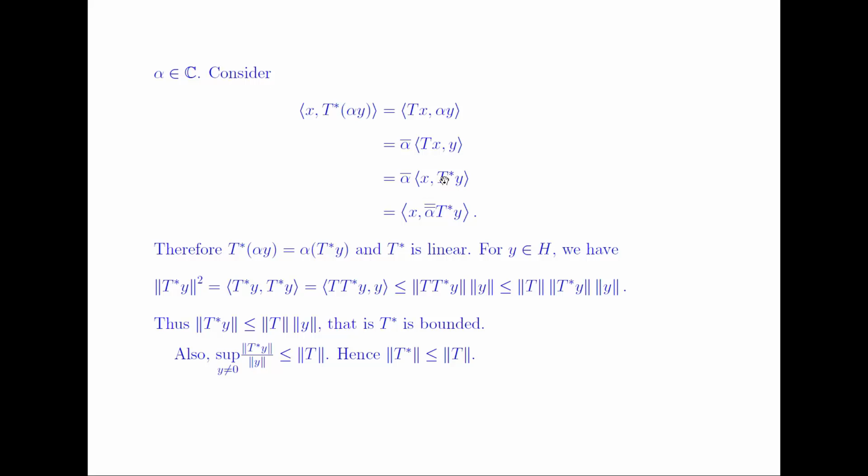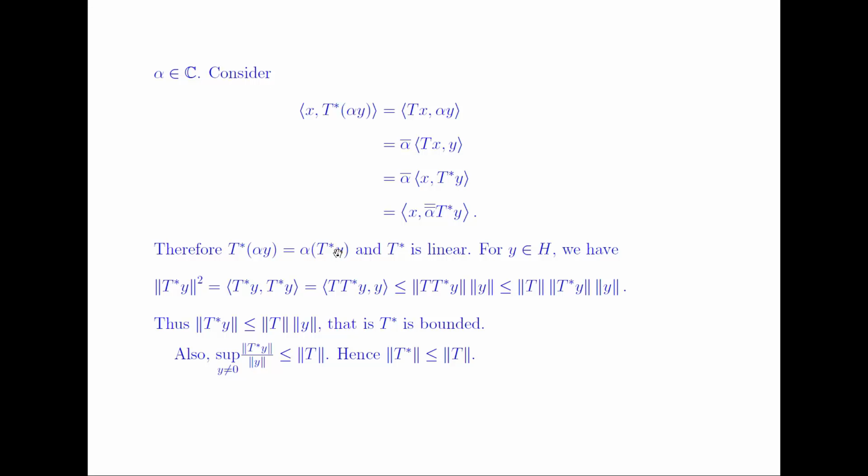And again, if it moves inside, because it is conjugate linear in the second argument, this is x comma alpha bar T star of y. And you know that this is equal to alpha. So we found that T star of alpha y is equal to alpha times T star of y.